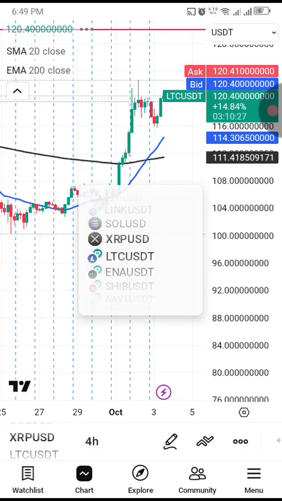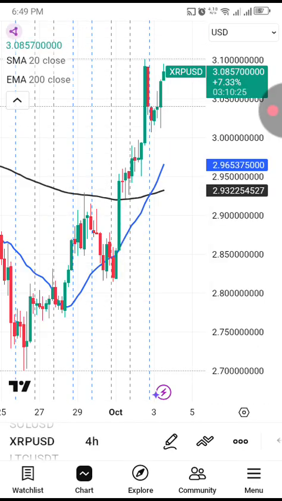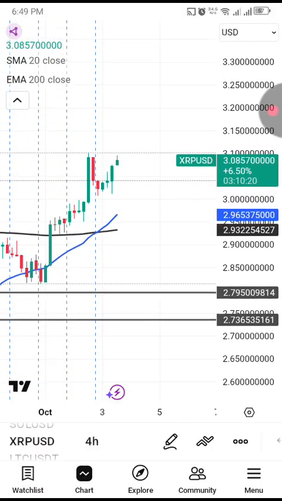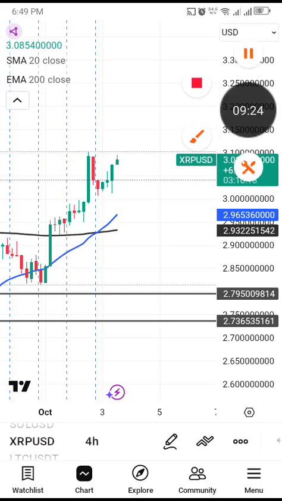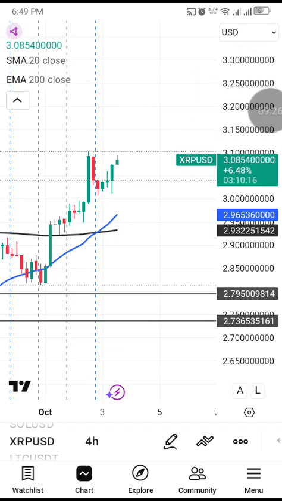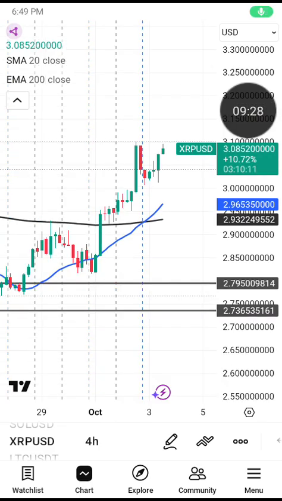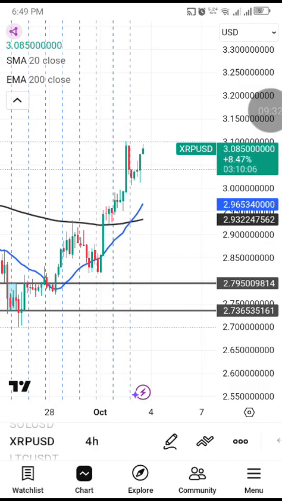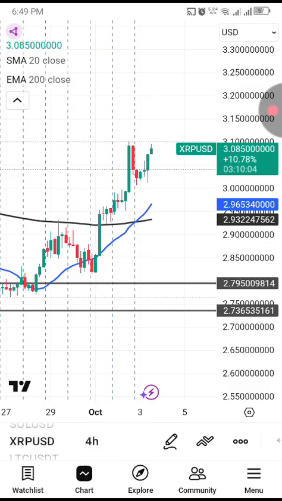So you can see, let me go on XRP. On XRP, you can see I had given people this signal before. Let me go and show you. And when there is this crossover, it means the market is going to continue pumping. I enter without hesitation.